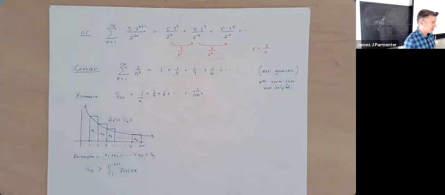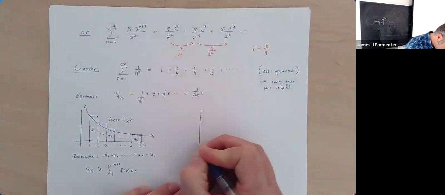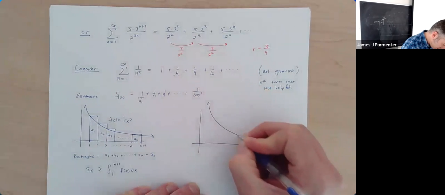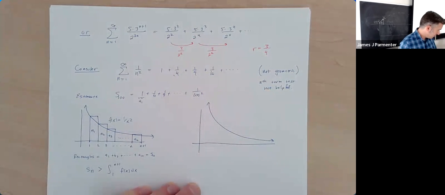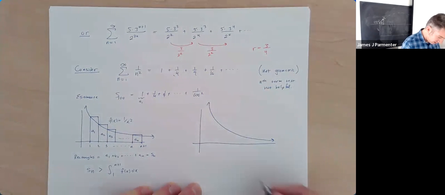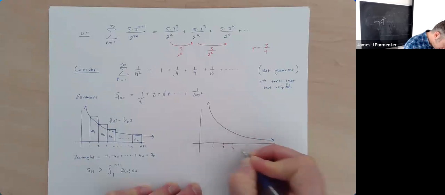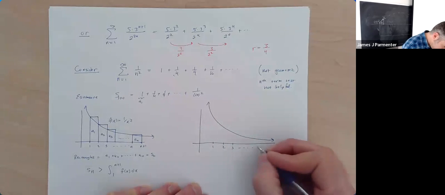Okay, now we're going to draw another picture that gets us something similar but slightly different. So we're going to draw the same thing, a similar looking picture, but now we're going to draw the under rectangles, all the way up to n.